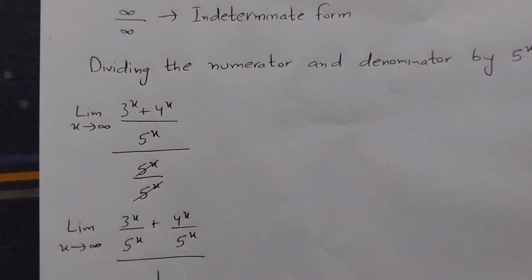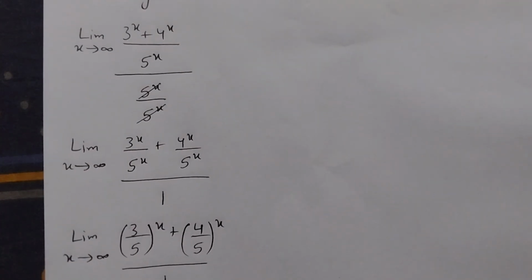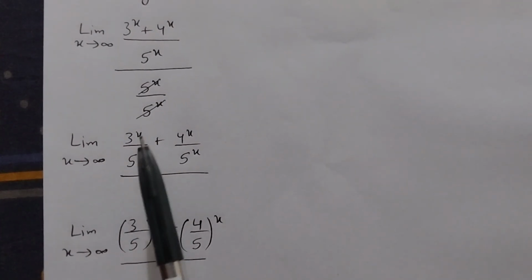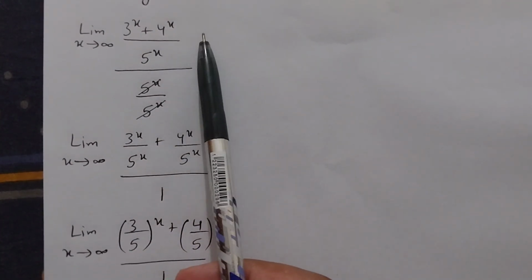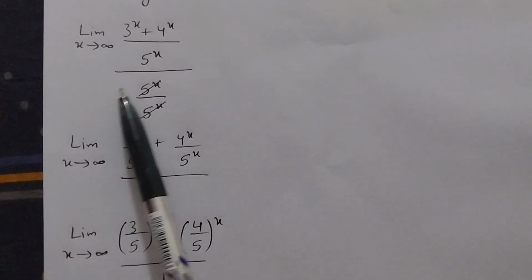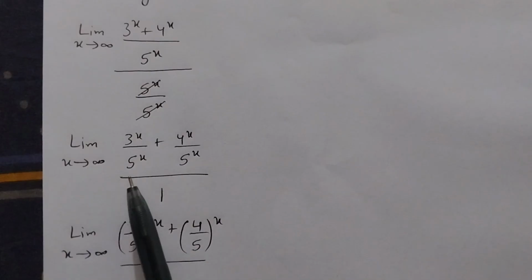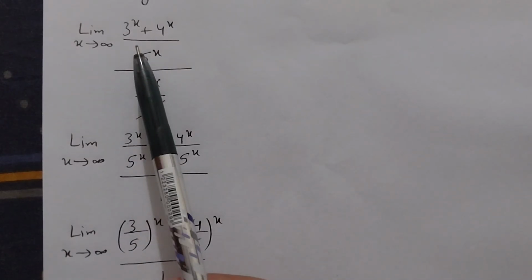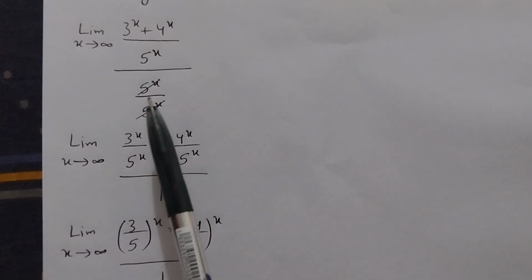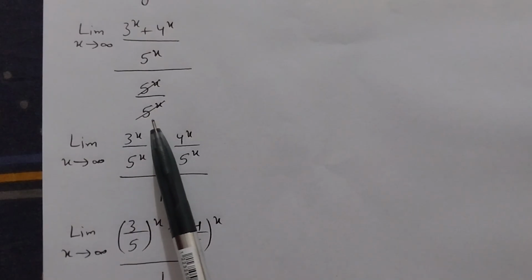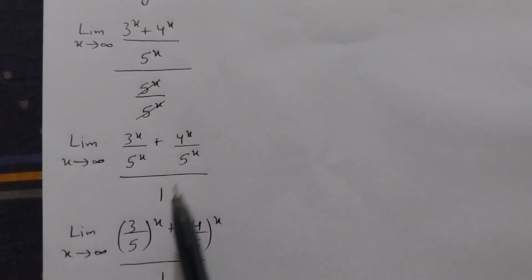Because in that way we get 1 in the denominator. So I did that, and I ended up with (3 raised to power x plus 4 raised to power x) over 5 raised to power x, divided by 5 raised to power x over 5 raised to power x. In the denominator, both 5 raised to power x cancel out, and we are left with 1.